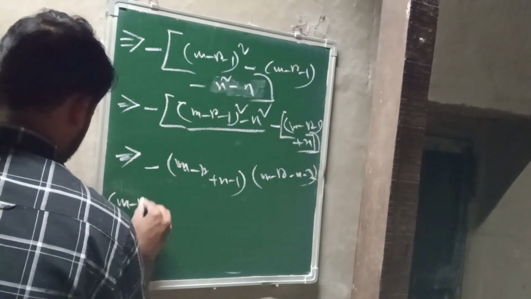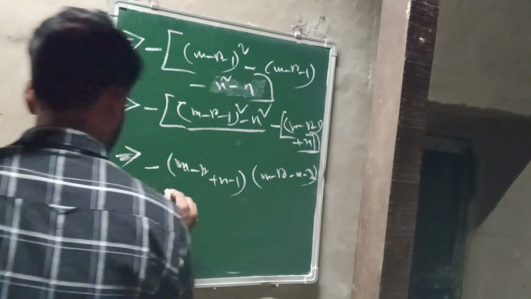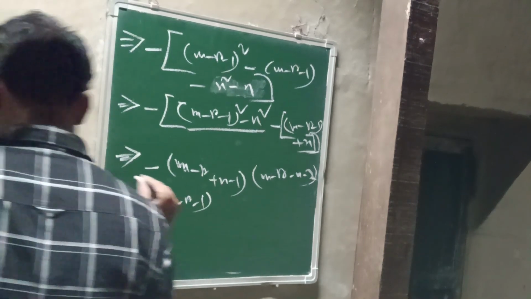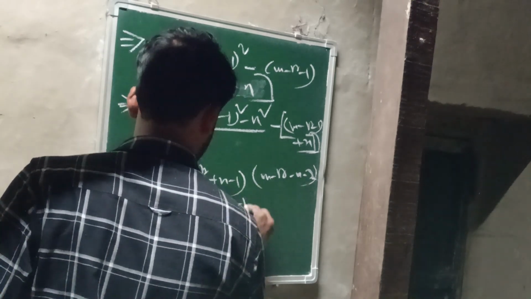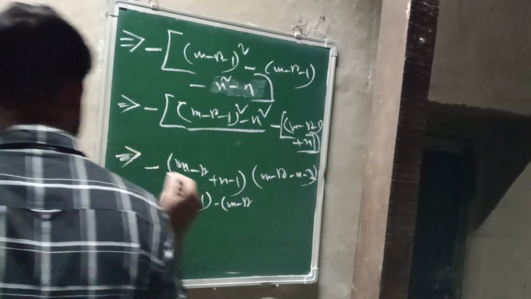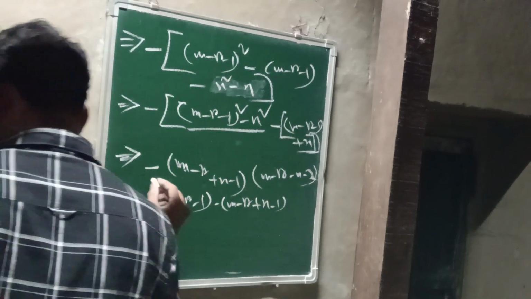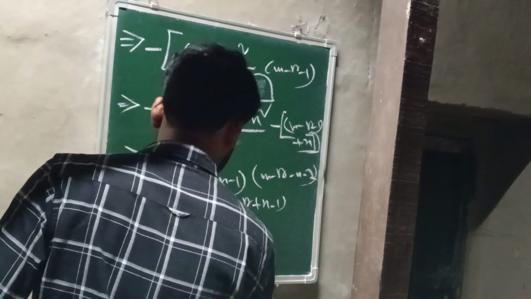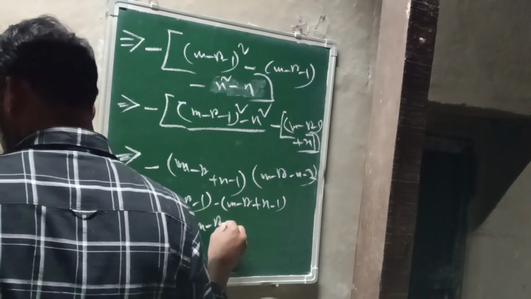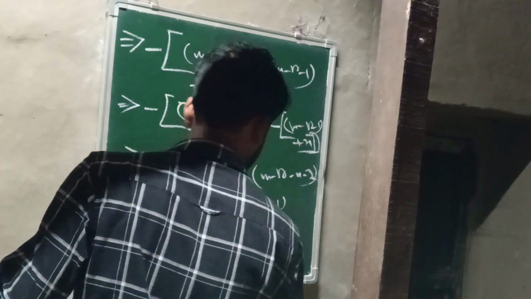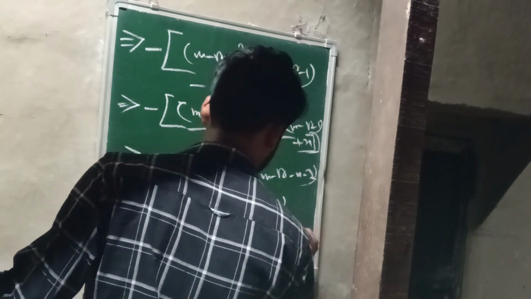We get (m minus r)(m minus r minus 1) ar minus (m minus r plus n minus 1) into (m minus r minus n minus 2) into ar plus 2 equal 0.